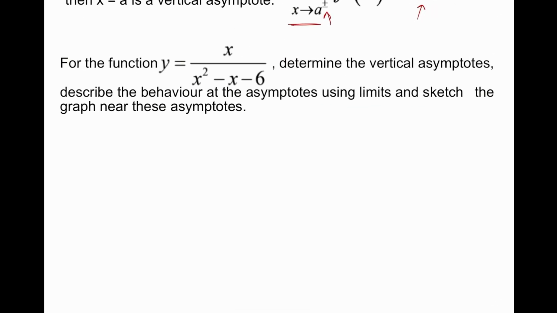So let's start with the first part, and determine the vertical asymptote, or VA. What do we need to do to be able to do that? Well, just as a reminder, we are going to factor the denominator as needed.